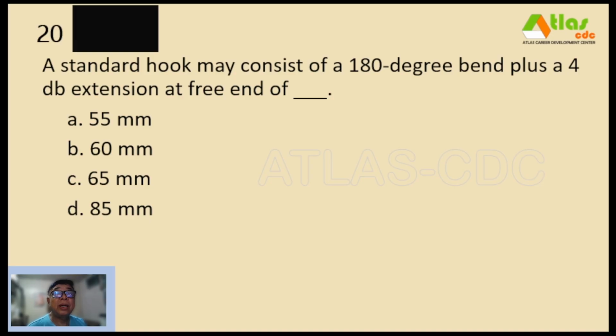20. A standard hook may consist of a 180-degree bend plus a 4 dB extension at free end of blank. A. 55 mm, B. 60 mm, C. 65 mm, D is 85 mm.